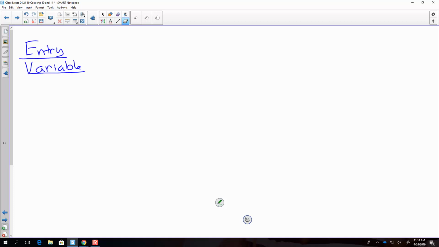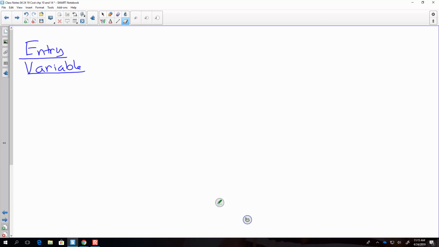It's just a little neater. All we need is one for this stuff. So we're going to use this template to make our journal entry amounts.